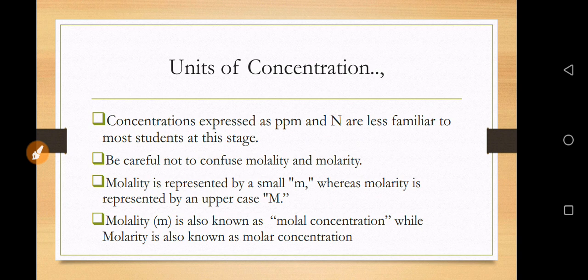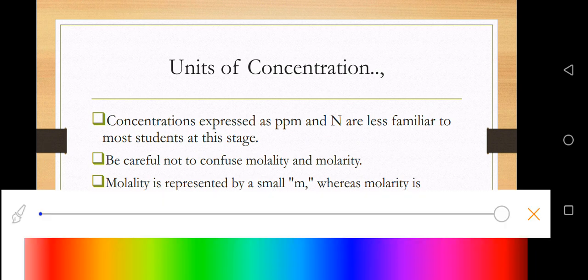In most cases, a lot of students are not familiar with expressing concentration in terms of parts per million and normality. In our coming tutorials, as I've already promised, we are to learn more, since we'll be focusing on numerical examples.